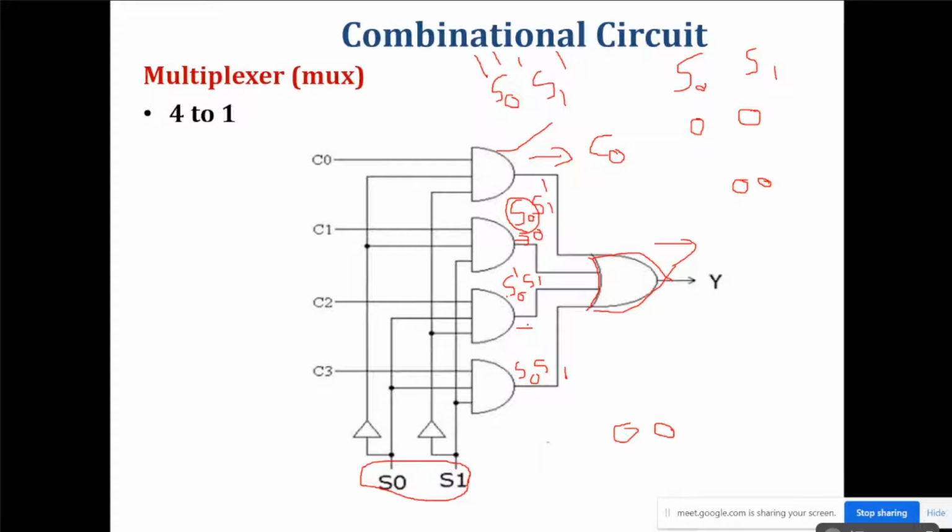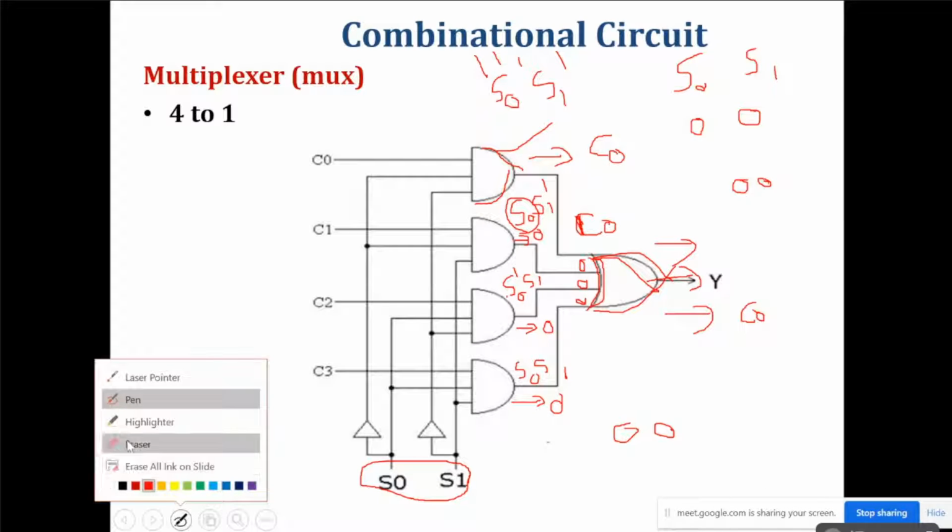At the 4 input OR gate, only one input can be nonzero, so the output Y will be C0.